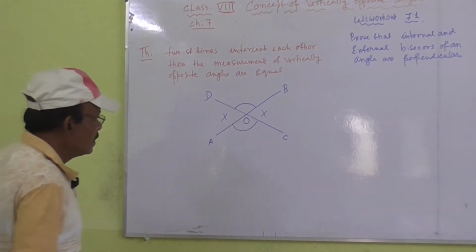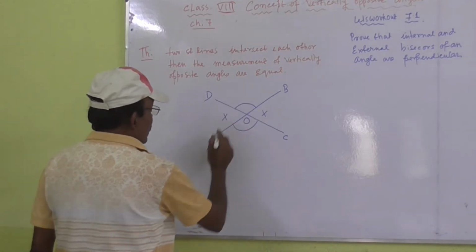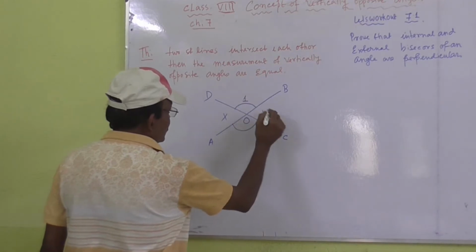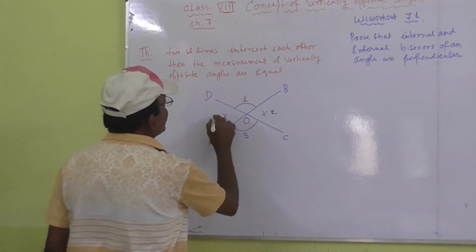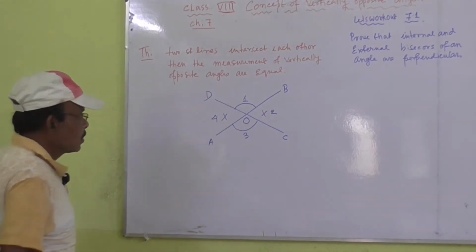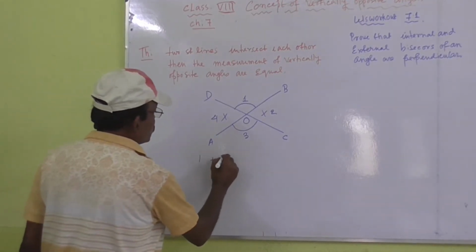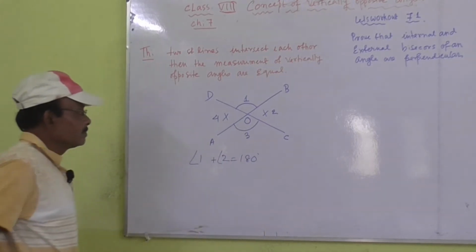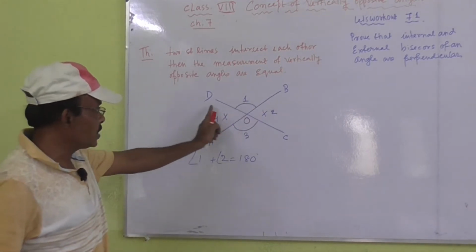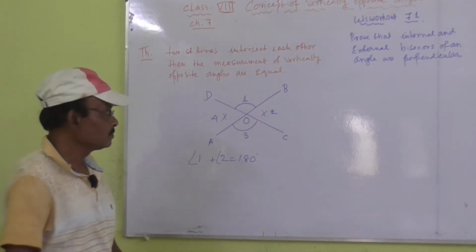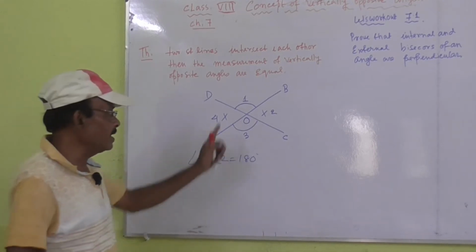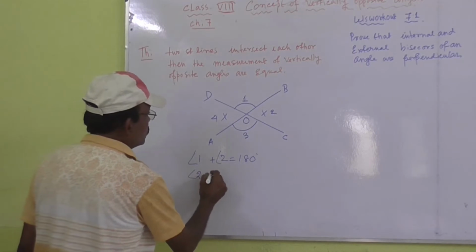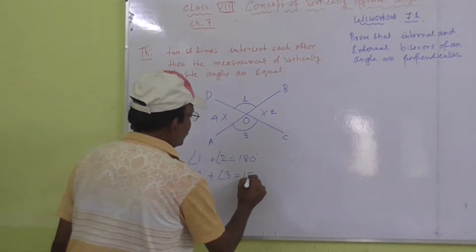Clear? Now let us take this angle 1, this angle 2, this angle 3, this angle 4. Angle 1 plus angle 2 equal to 180 degrees, because OB stands on DC. So the sum of the two adjacent angles is 180 degrees, and angle 2 plus angle 3 is 180 degrees.